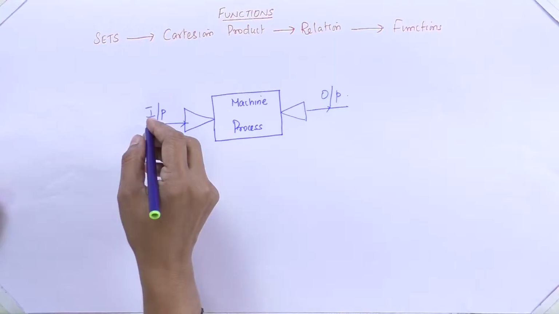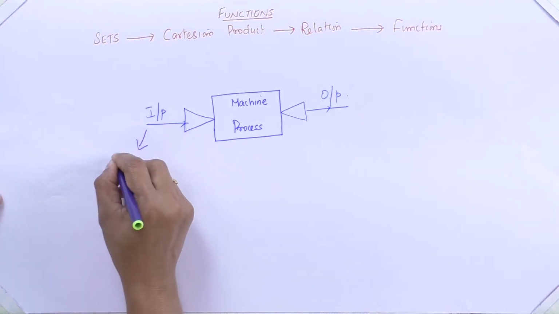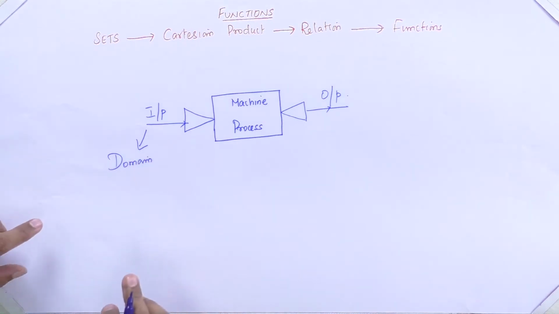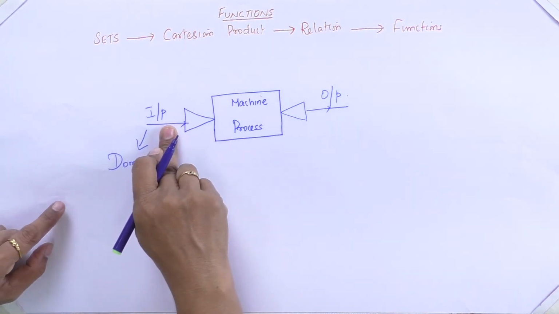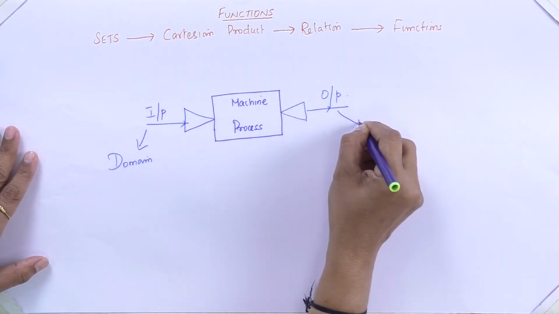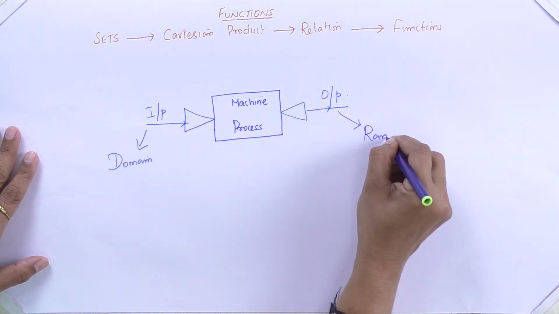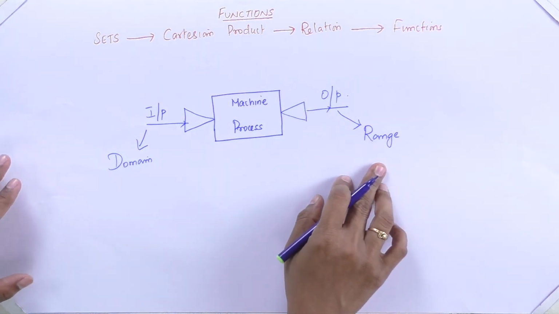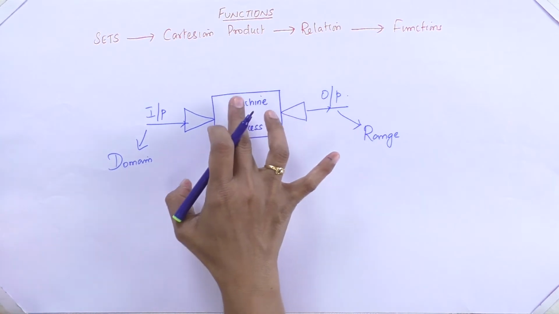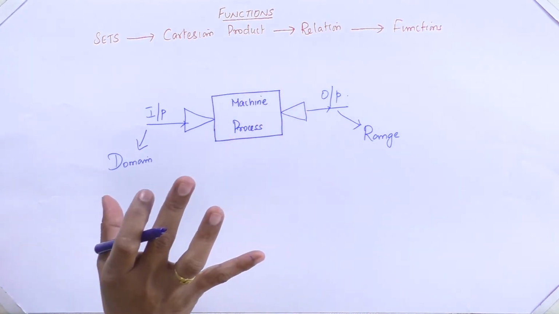Now this input will be called the domain set, right? Domain is nothing else but all possible values of the input for any machine, and the output is the range. Range is nothing else but all the possible output values of a system or from any machine.